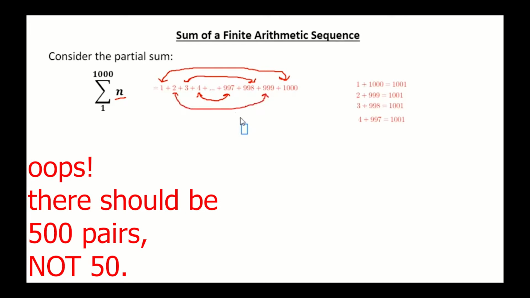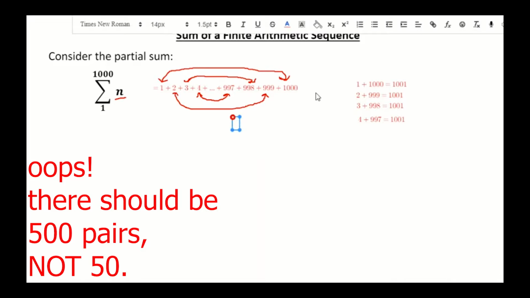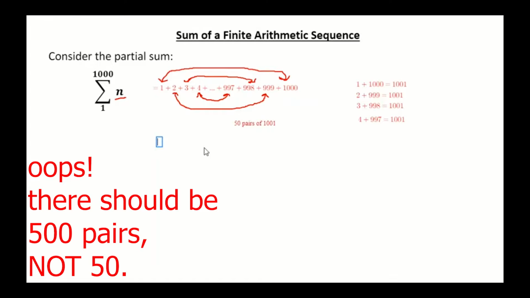I'm going to make a note here: 50 pairs of 1,001. Another way to compute this is a lot easier than typing in all the numbers. We could just find the sum of the first and the last term, which is 1,001, and multiply that by the number of pairs.